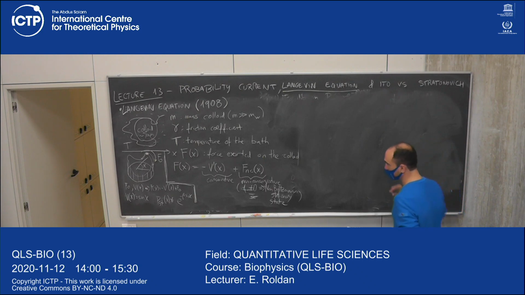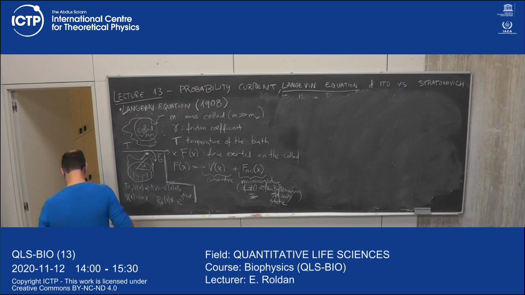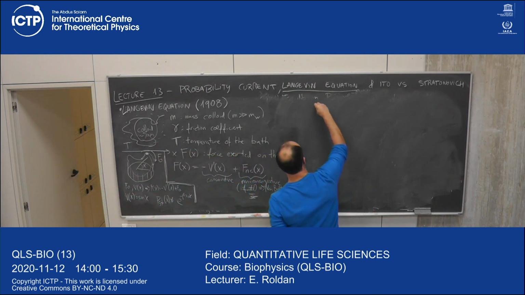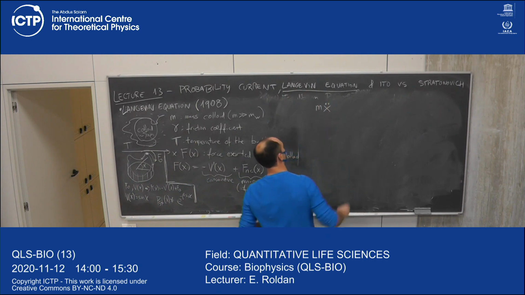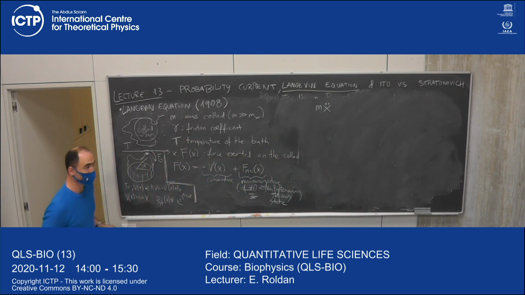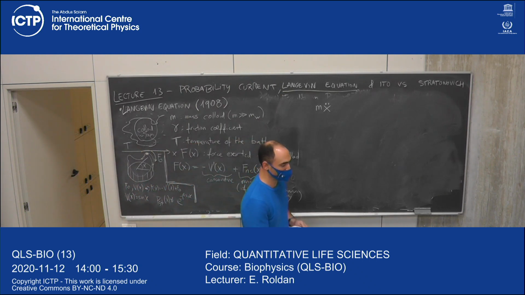Alright. The equation is as follows. We will say the mass of the particle times its acceleration. Remember, x double dot is two derivatives with respect to time, so acceleration. I will apply a kind of Newton's law.